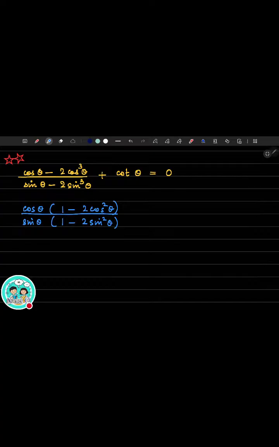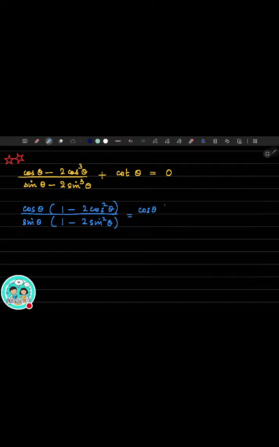Right? Now what do we do? See, cos by sin is cot theta. You have to eliminate these two terms. So let us convert any one, either cos square into 1 minus sin square, or we can convert sin square into 1 minus cos square. Anything is fine. Let us convert the numerator.